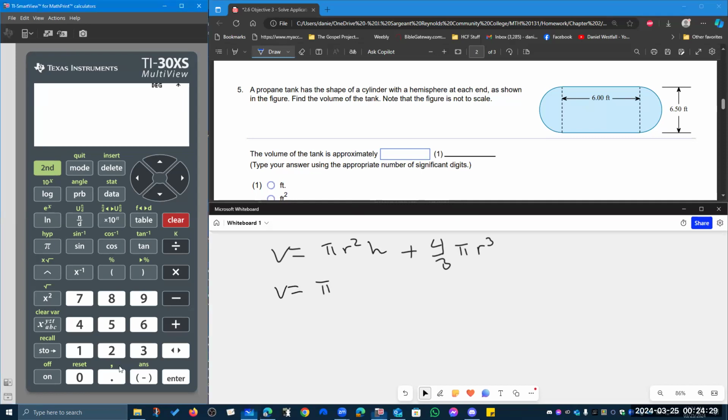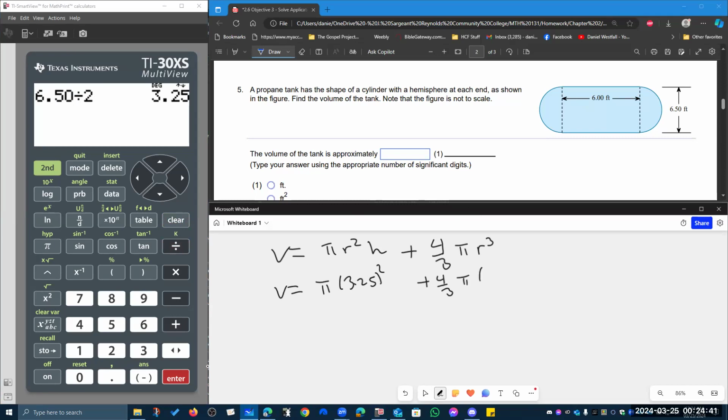R is going to be 6.50 divided by 2, which is 3.25, and H is going to be 6.00. We're going to use 3 significant figures here for everything.